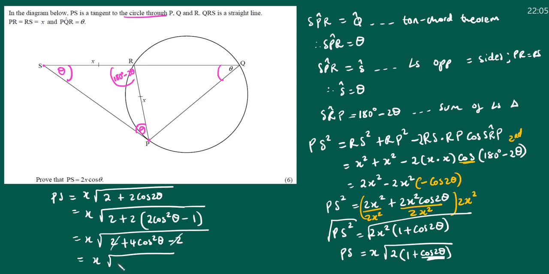This and that cancel. You are left with 4 cos squared theta as your PS, which means you'll have x, the root of 4 is 2, right? Cos theta, which means you simply have 2x cos theta.